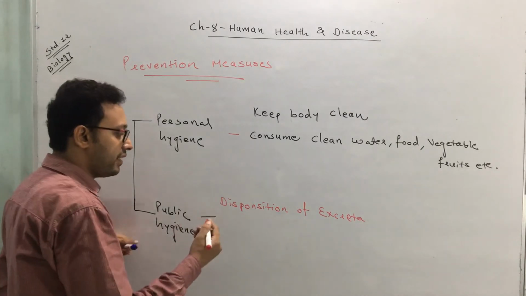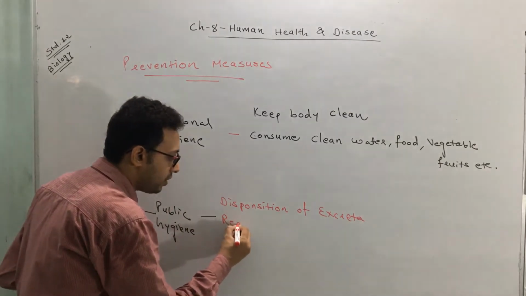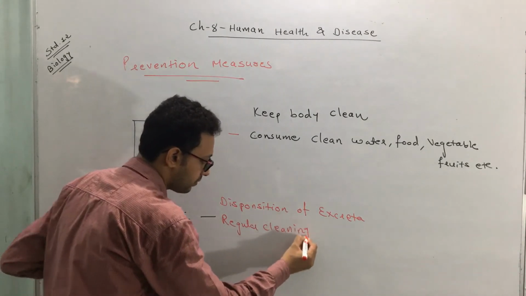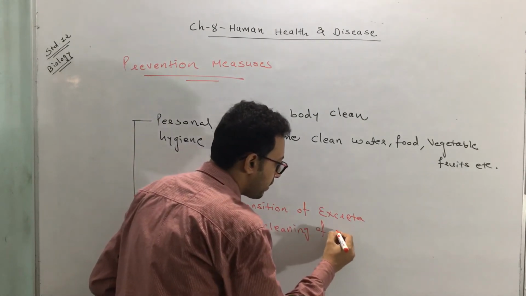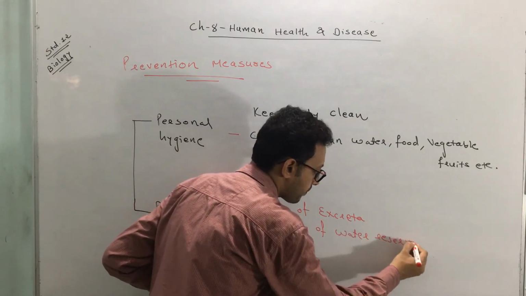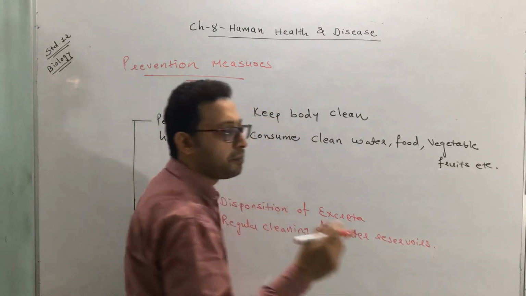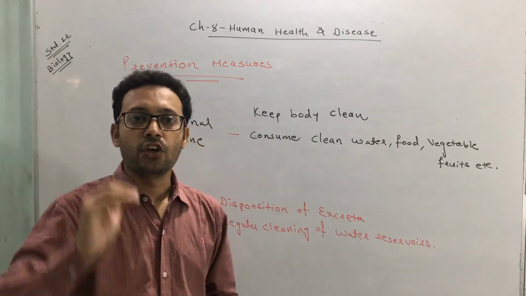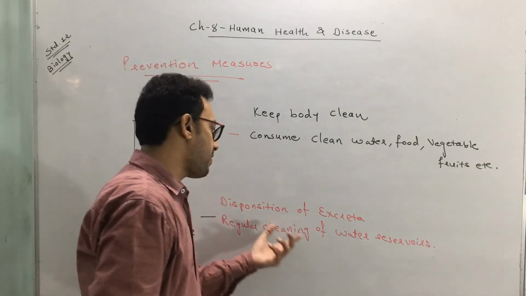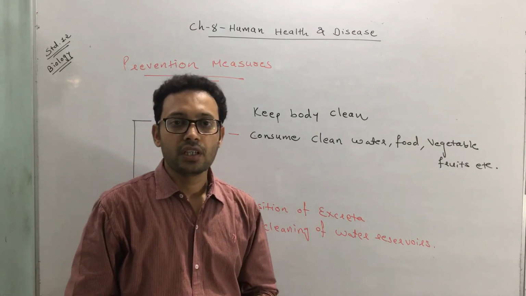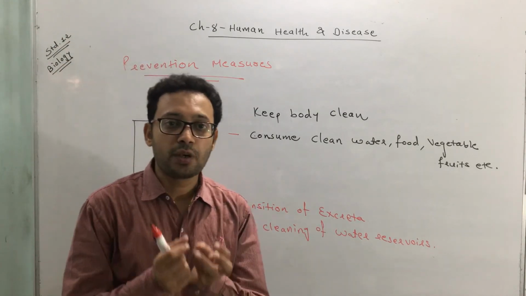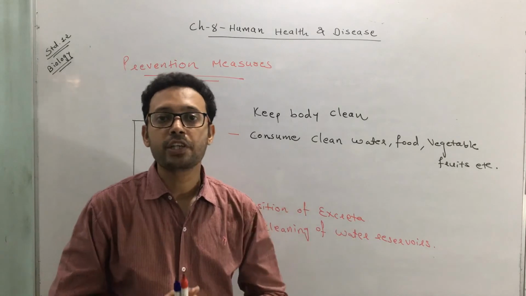A second way is regular cleaning of water reservoirs like ponds, lakes, the tank that is present on your terrace, or the tank present in your village, because it is supplying water to every home in your village.